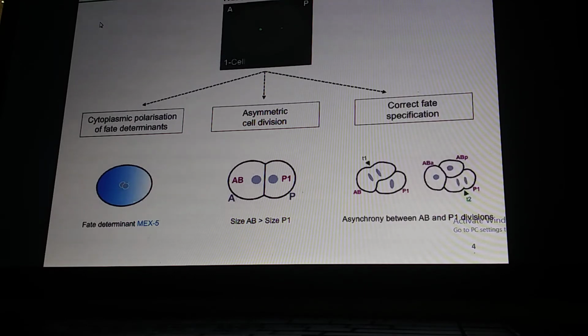And PAR polarity is also very important for correct fate specification. One way we judge proper fate determination is by measuring the time difference between AB and P1 divisions, where the P1 blastomere always divides after the AB cell.